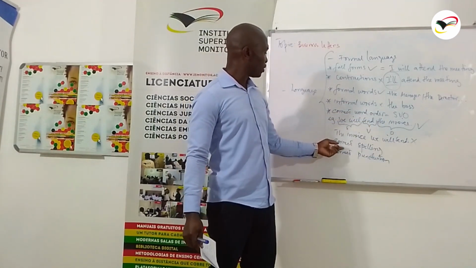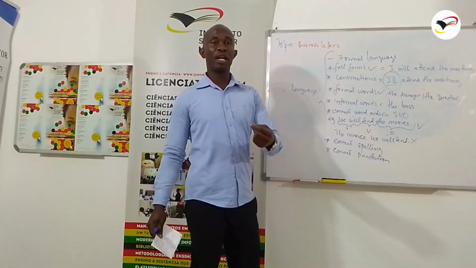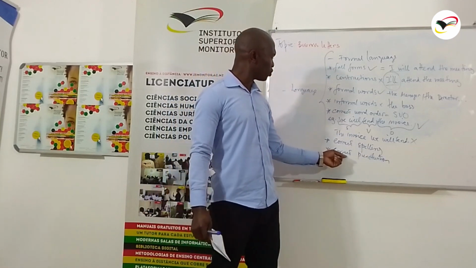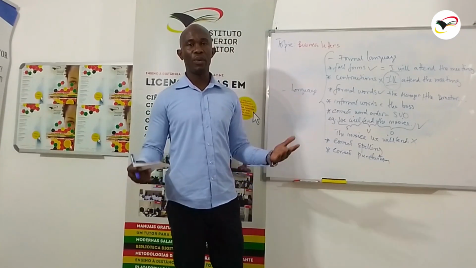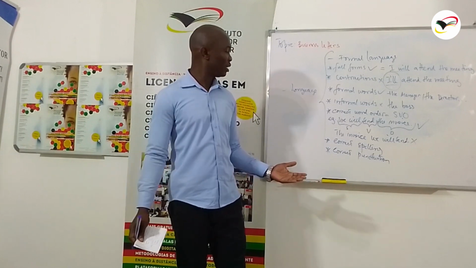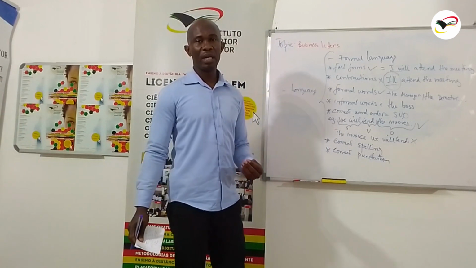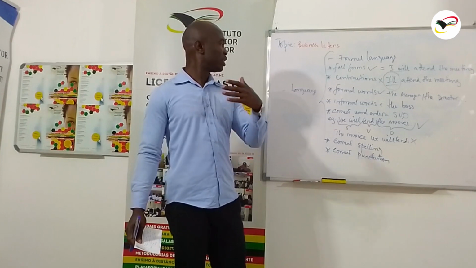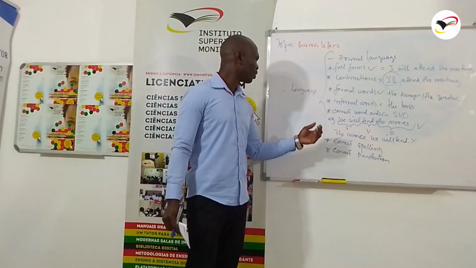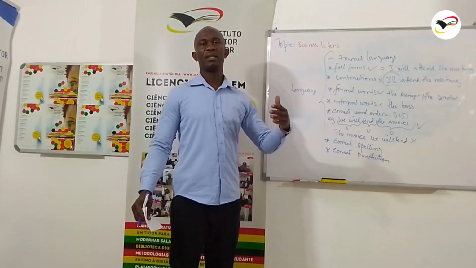We have to use the correct spelling, which means to write the word correctly. And we also have to use correct punctuation. Correct punctuation includes using capital letters where we are supposed to put a capital letter, putting a comma where we are supposed to put a comma, and putting full stops where we are supposed to put the full stops. So this is the language of the business letter.